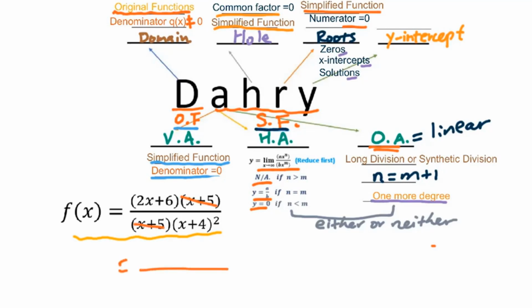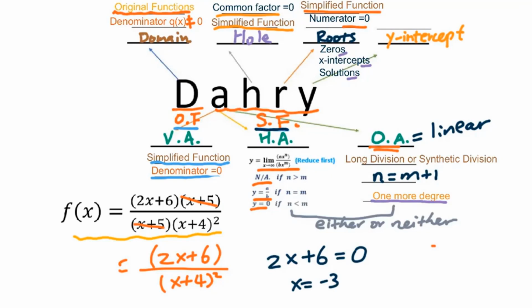You will get 2x plus 6 over x plus 4 squared. For this simplified rational function, we set the numerator equal to 0. Then x equals negative 3. So the root will be negative 3, 0.